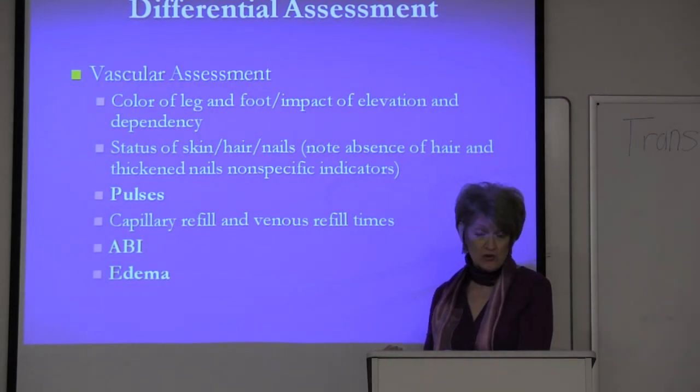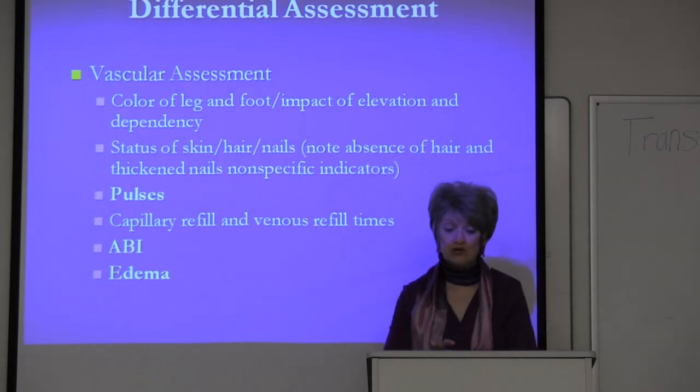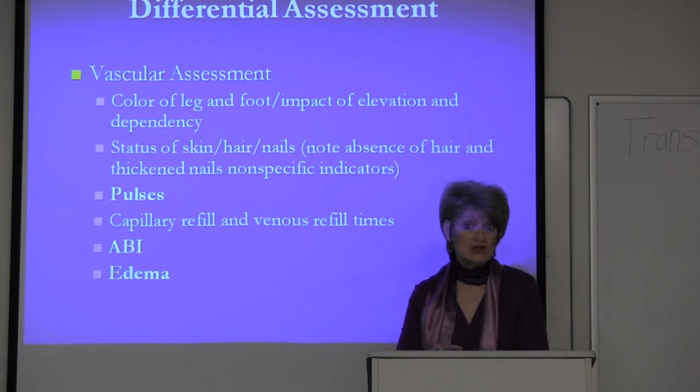You never want to apply compression therapy without doing an ABI. ABI is going to help you to accurately identify wounds that are caused by arterial insufficiency. It's also going to help you identify patients who need modified compression for management of venous ulcers. And of course, your alert to edema, which is a major indicator for venous disease.